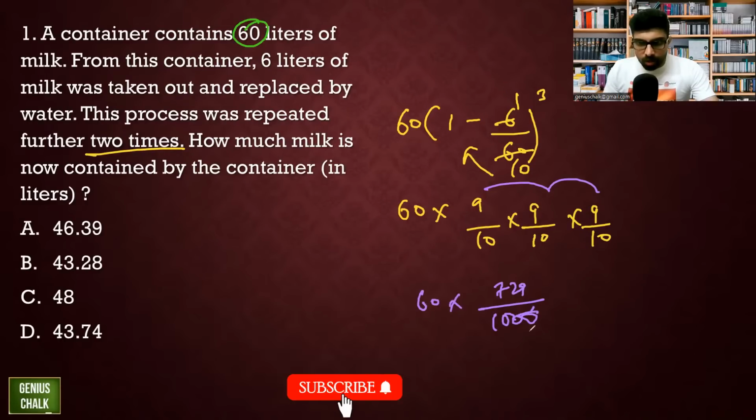So just solve this, 0, 0 cancel. Let it be 60 only, and it was 1000, so 1 0 cancel, let it be like this. So this is basically 6 into 7.29. So what is my approximate answer? See, 9 6 are 54.